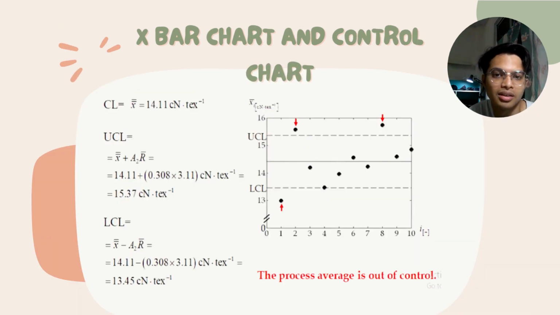So here is another example of a chart where the center line is 14.11, the upper control limit is 15.37 and the lower control limit is 13.45, where the point is beyond the upper and lower control limits, so the process average is out of control.